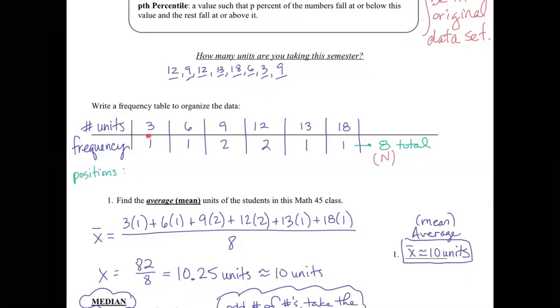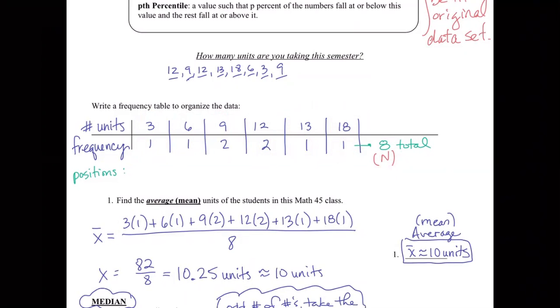One person is taking 3 units, one person is taking 6 units, 2 people are taking 9 units, 2 people are taking 12 units, 1 is taking 13 units, and 1 person has a big load, 18 units. That's 8 people total, and that's your n. n is the number of people in your data set.